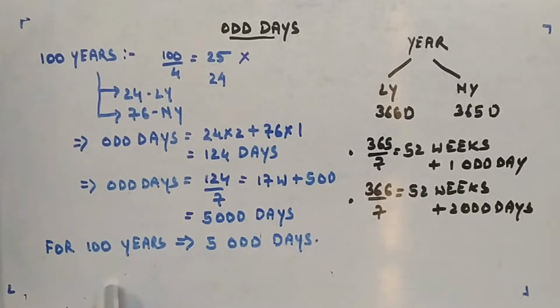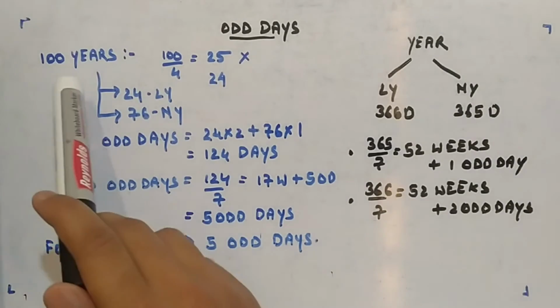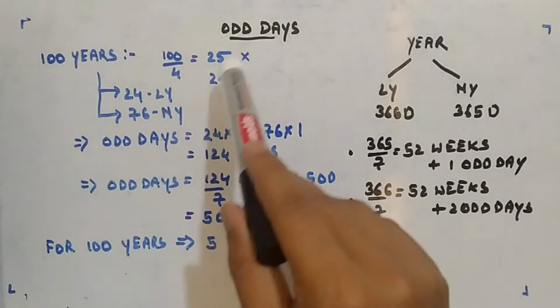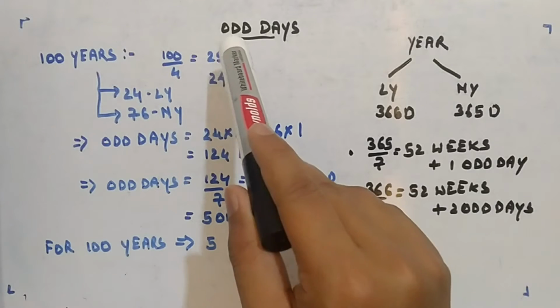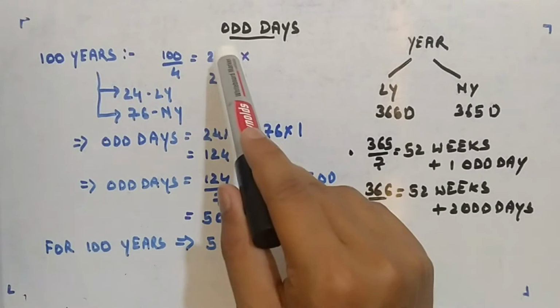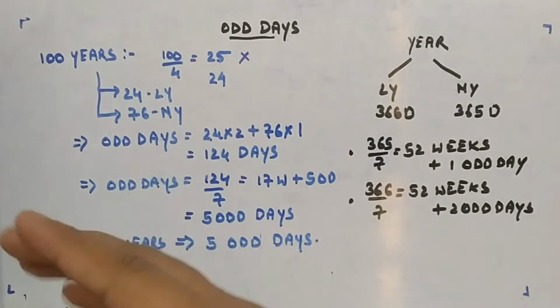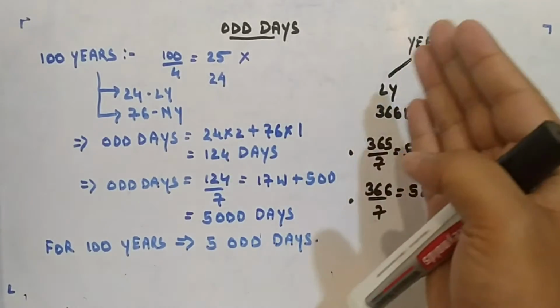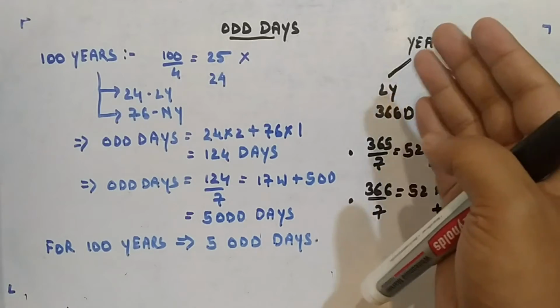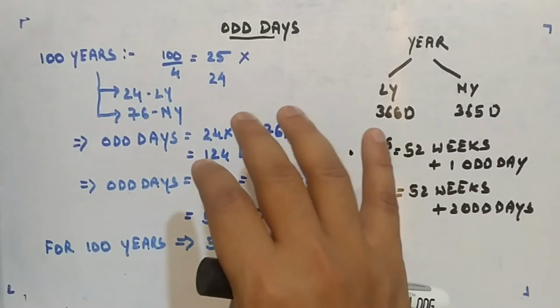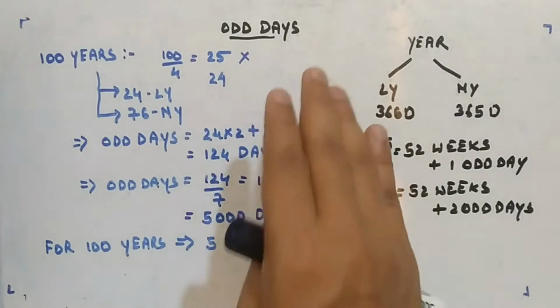Now, with this concept, come to the first 100 years. If you divide 100 by 4, you will have 25. But 25 what? 25 leap years. If you go from first, second, third, fourth, likewise till 100, how many of those years between 1 and 100 are leap years?